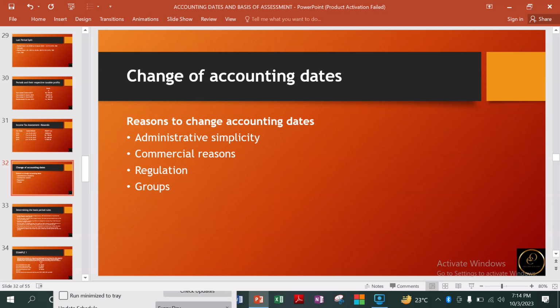That facilitates easy reporting. So if you have just been acquired, or you have just joined this particular group, you might be forced to change the accounting date to fall in line with what the parent company wants in terms of reporting date. So that could be the trigger for change of accounting date. Okay.